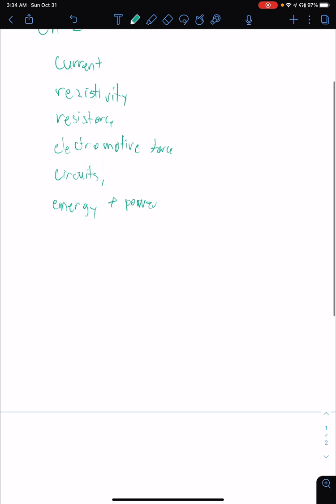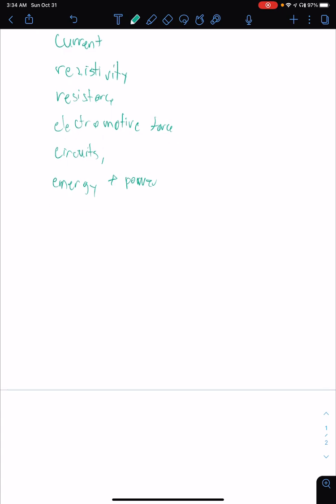So let's start with what is current. Current is the flow of electrons, aka the flow of charge, and most of the time it is in a wire.